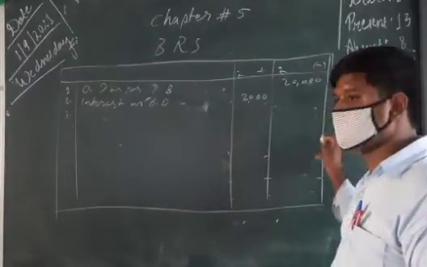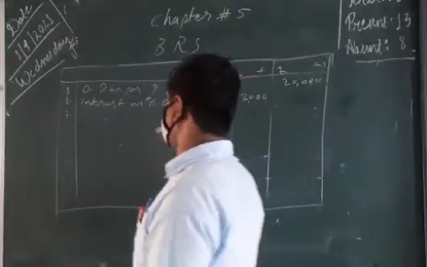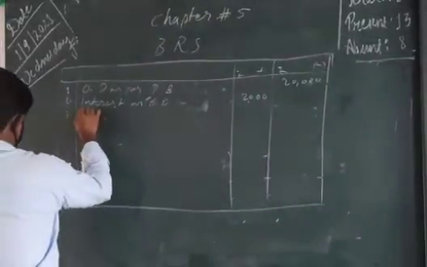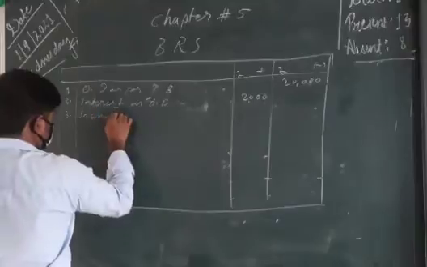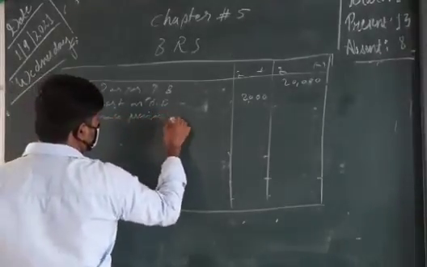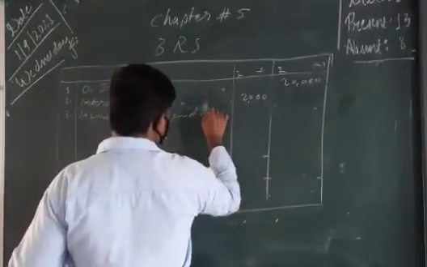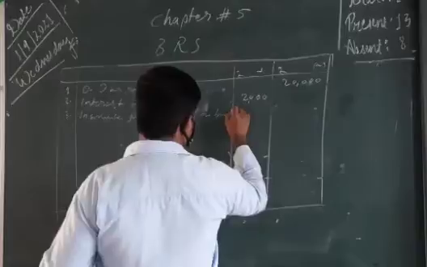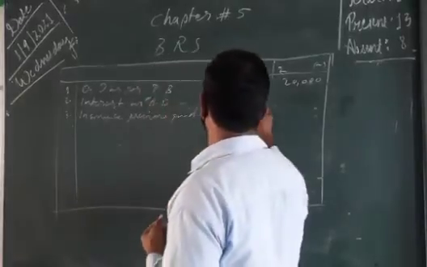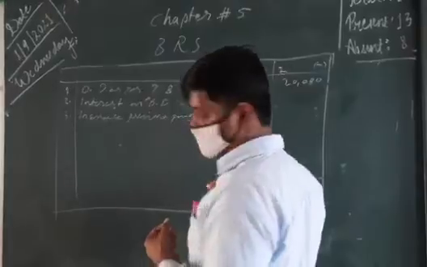So in order to get that balance, we need to add here. Insurance premium paid by bank is how much? 200.